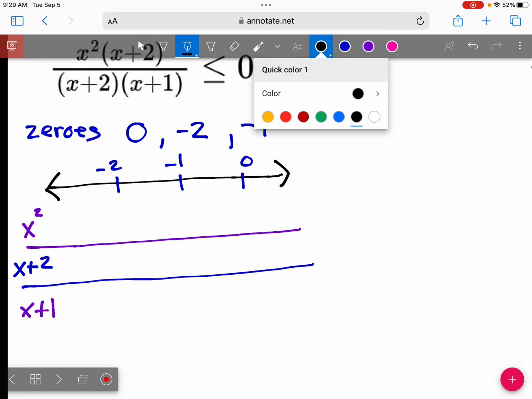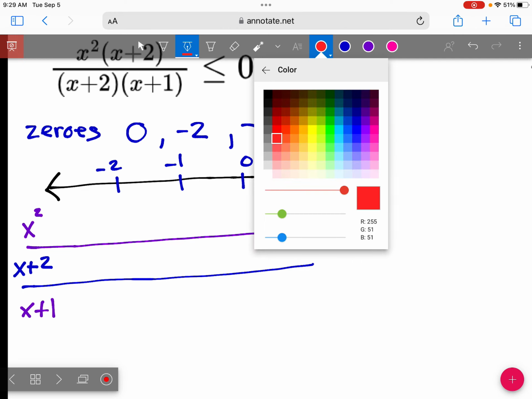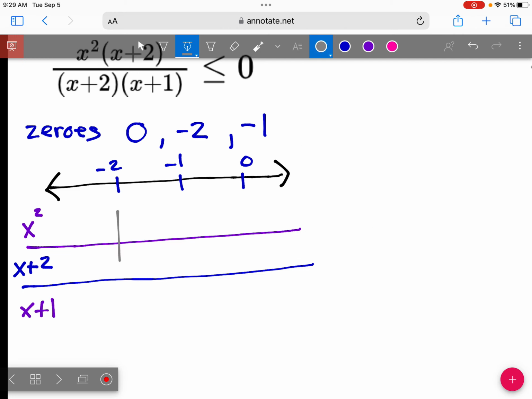So we've got a lot of pieces, but it's all built from these 3. All right, so we're going to fill in this table.